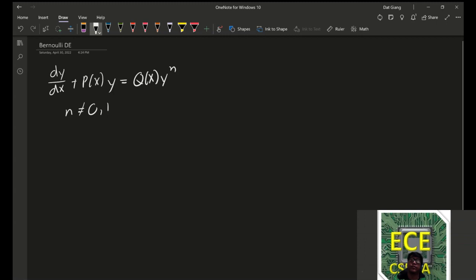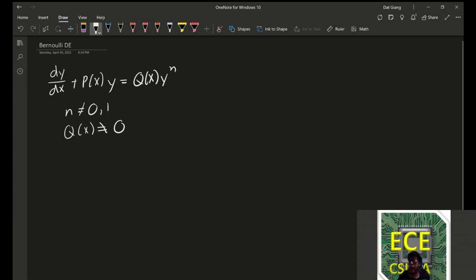If it was in fact 0 or 1, then we have a first-order linear differential equation, and we can apply those methods. But we can't have it be 0 or 1. Also, we can't have q of x equal to 0. This is what makes a Bernoulli differential equation a first-order, nonlinear, non-homogeneous differential equation given by the following form.